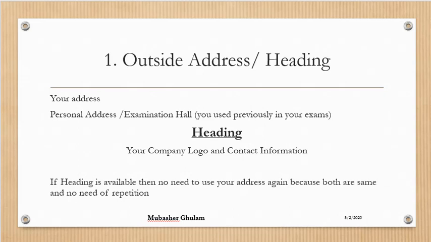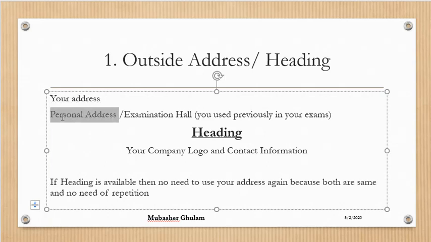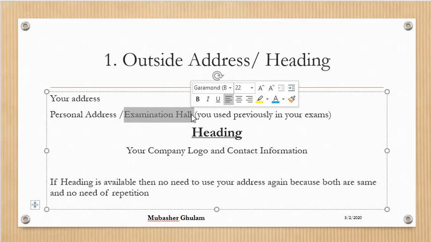which is outside address. This can also be called the heading. Outside address is basically your address. When you are writing a letter, your address is the outside address. Your address may be a personal one. To give you an example, I'd like to remind you that earlier in your exams at intermediate or matric level, when you wrote letters, you used the term examination hall.